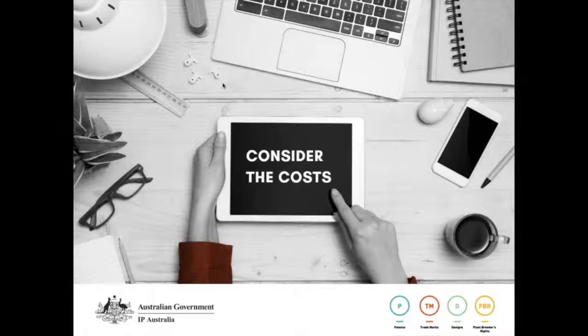So the fees for filing for a patent application are on our website, but you also need to consider whether you might need to seek legal advice or representation from a specific patent attorney, for example. If you get a patent attorney involved, then that's also going to increase the costs that you're going to face in either the drafting of the application, maybe even filing and prosecuting it further down the track too.